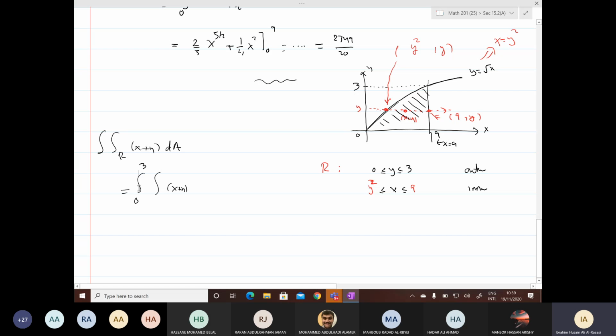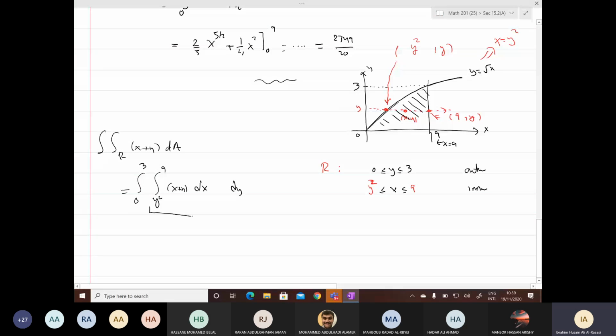What is the differential corresponding to this 0 to 3? Is it dy or dx? dy. You take y, so it is dy. These are y values, so it will be dy. The inner will be from y squared to 9. These are limits of x, x from this to this. The differential will be dx.